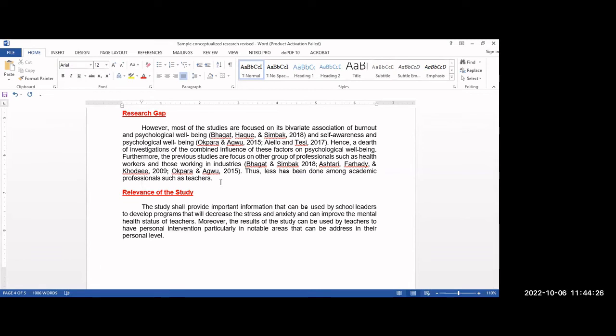Like, furthermore, in addition, with this, the study will provide an explanation on which factors best predict the psychological well-being of teachers in higher education institution. So something like that will already give an idea on the direction of the study, and that will comprise the introduction.